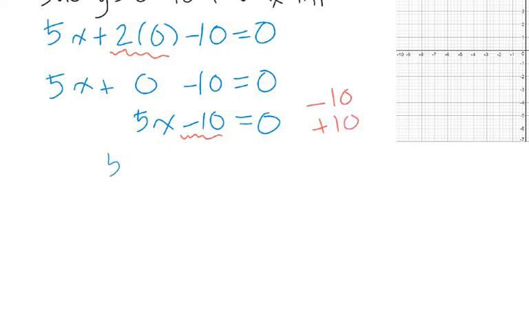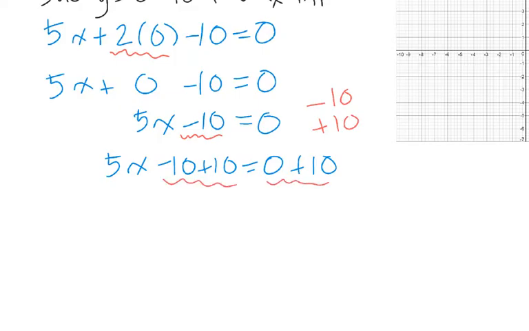So I have 5x minus 10 plus 10 equals 0 plus 10. Let's go ahead and clean up some of these numbers. Remember, negative 10 plus 10 is 0. I'm not going to write that in. And 0 plus 10 is 10. Again, this variable of x is stuck with a 5.